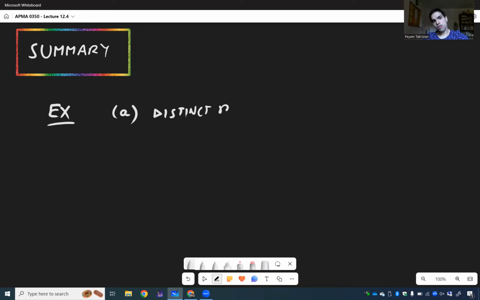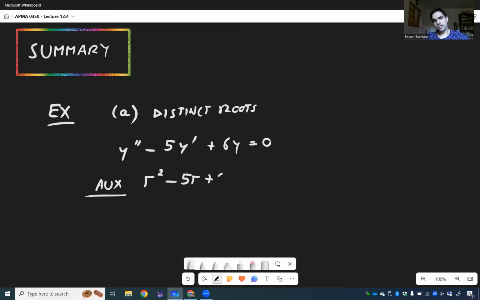We have seen this with the equation y'' - 5y' + 6y = 0, which gave the auxiliary equation r^2 - 5r + 6 = 0, which basically gave r = 2 or 3, in which case we had exponential solutions. So y was a e^(2t) + b e^(3t).